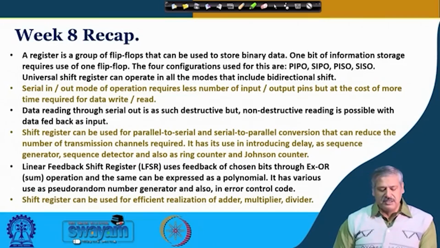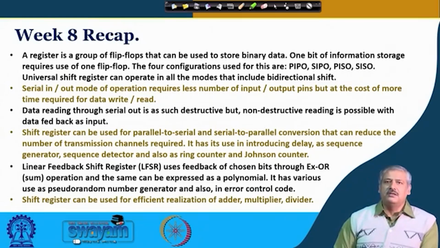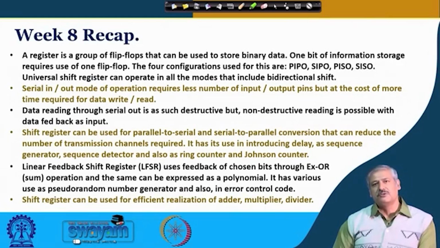Then sequence generator, sequence detector, ring counter, Johnson counter, introducing delay of appropriate required time. And then we discussed at length linear feedback shift register and its various uses. As a pseudo random number generator, it has various uses from cryptography to many different places.